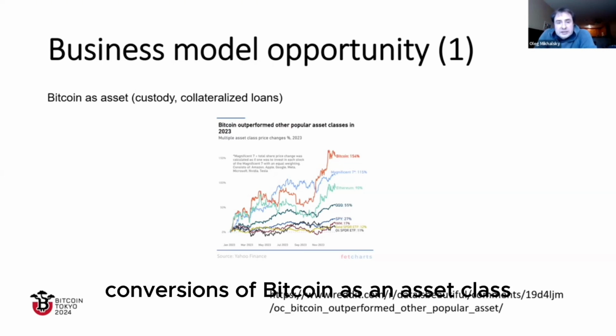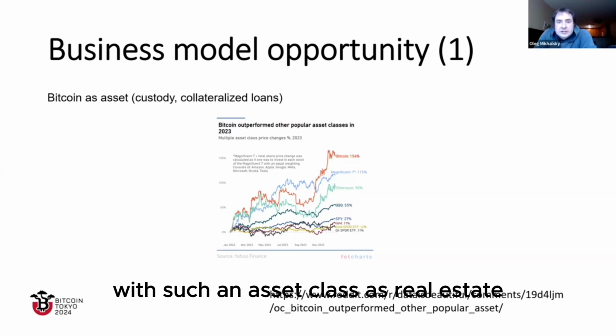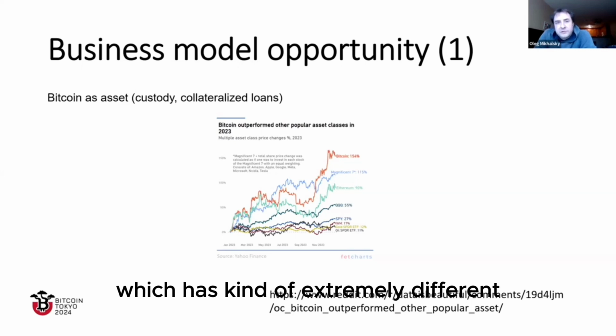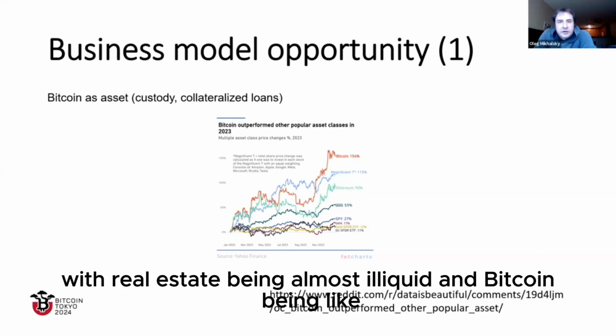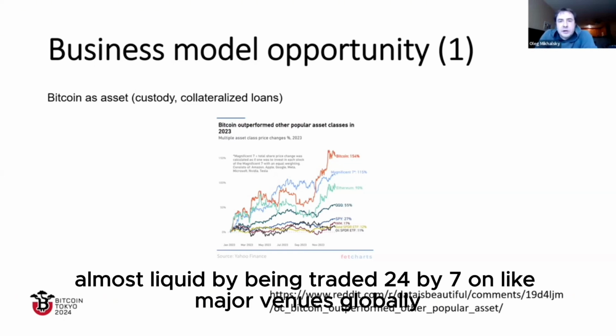Another interesting area is conversions of Bitcoin as an asset class with such an asset class as real estate, which has extremely different liquidity characteristics, with real estate being almost illiquid and Bitcoin being almost liquid by being traded 24/7 on major venues globally.